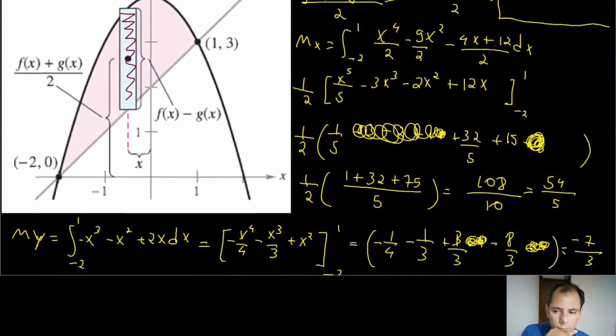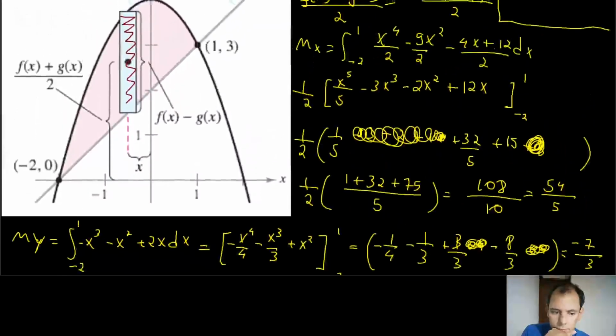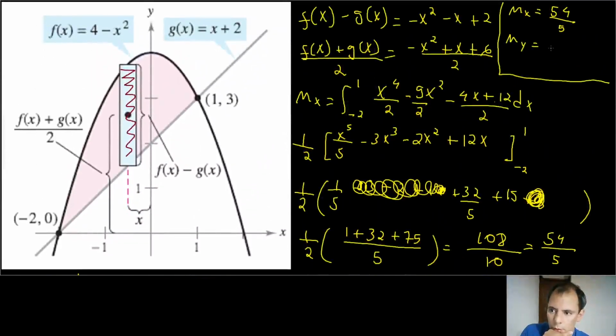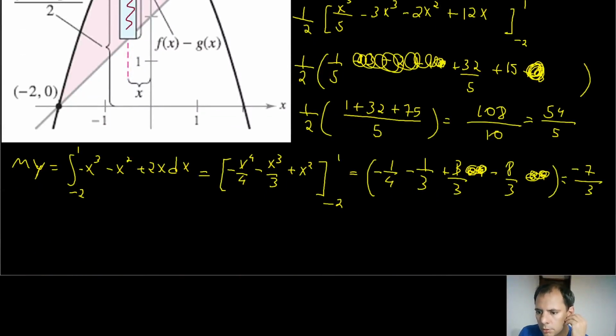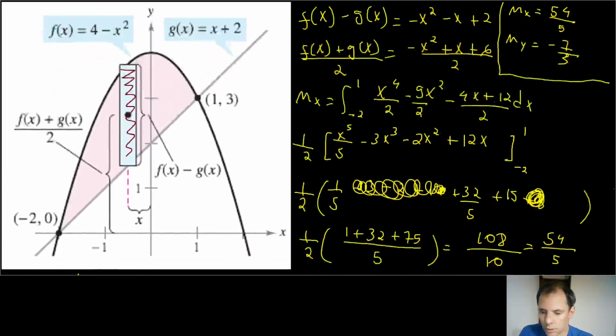Yeah, which makes sense. Minus 7/3. Okay. Minus 2 plus 3, 1, minus 7/3, yeah. Oh, no, there's a 4 here. Hold on. I'm going crazy.